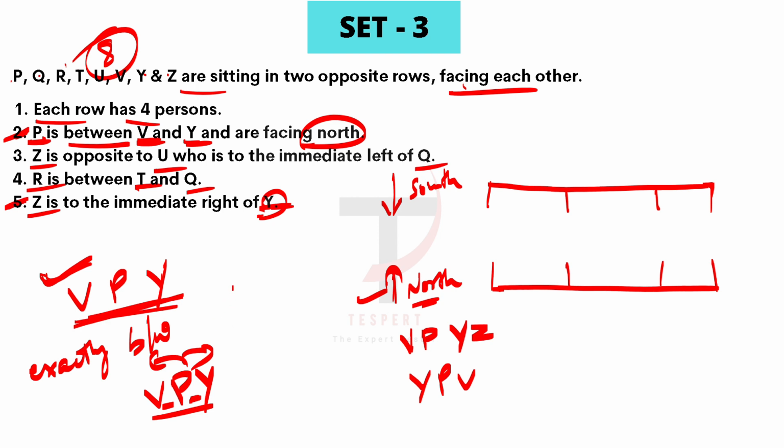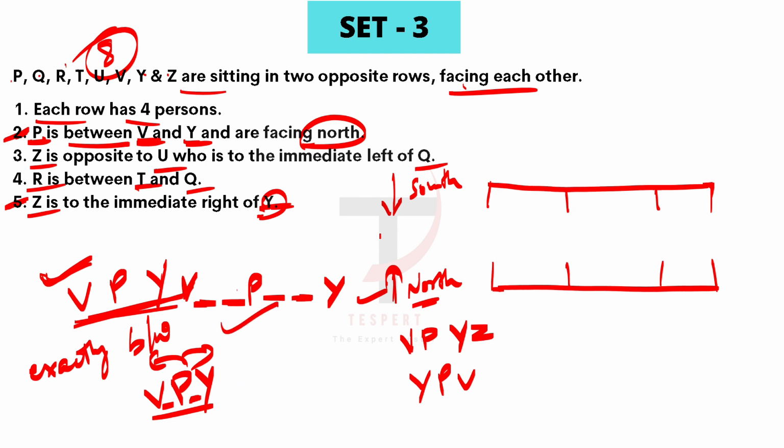And exactly between can also be like this. Let's say P is here. There are two spaces between P and Y, and towards the left hand side there are also two spaces between P and V. Now here also P is exactly between V and Y, because the spaces between V and P and Y are both the same. This is the meaning of exactly between.